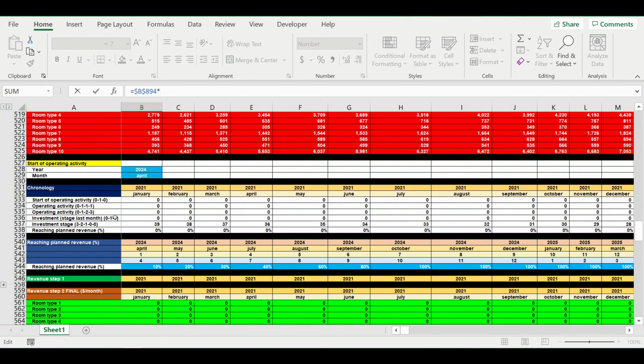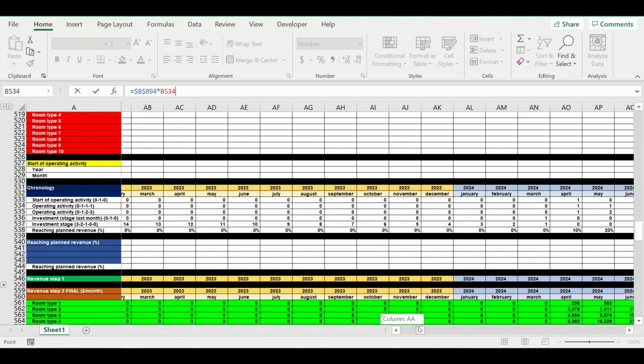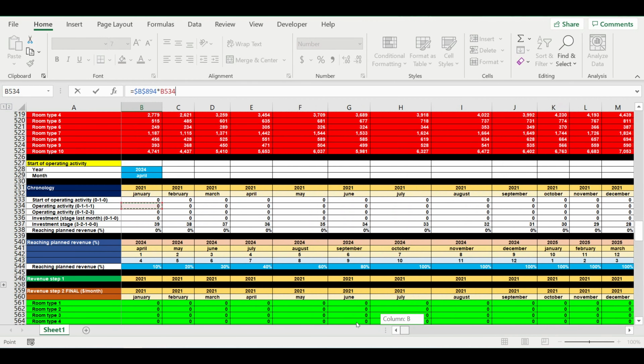So here is our chronology block, and here we have operating activity. We will take this line for calculation of asset tax. So when we start operating activity, we start payments of asset tax.